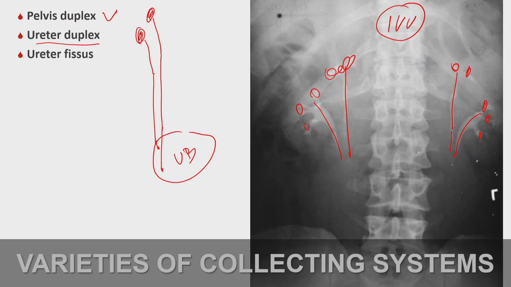Duplex ureter: the upper one is connected with the lower position. This is a duplex. What is fissus? Fissus is then somewhere fused in one. Why are we talking about it? The infections of the urinary system are very, very frequent.